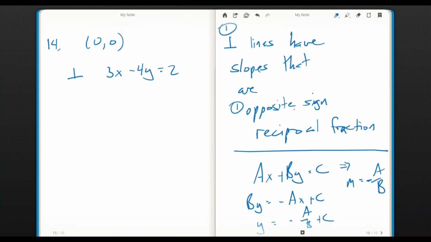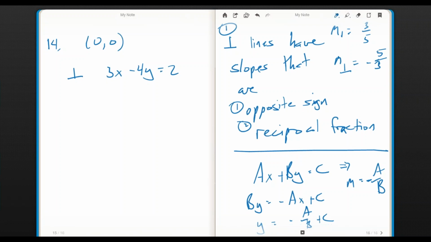One, the slopes have the opposite sign. Second, the slopes are reciprocal fractions. So if the slope of the first line is 3/5, the slope of the perpendicular line will be negative 5/3. That's just always true.